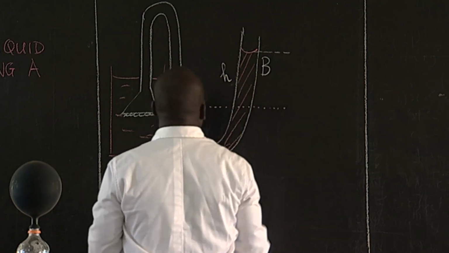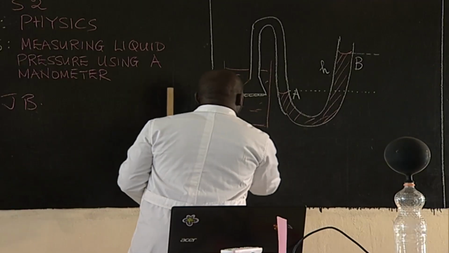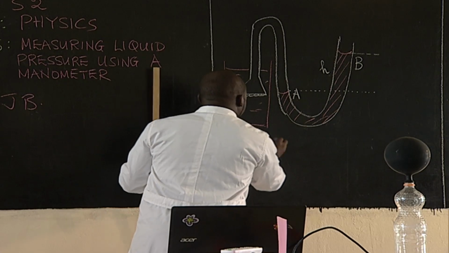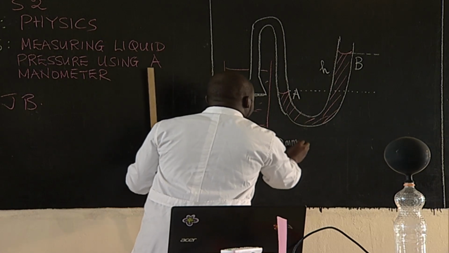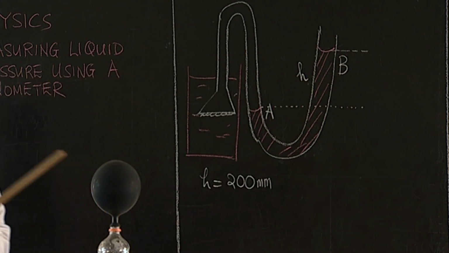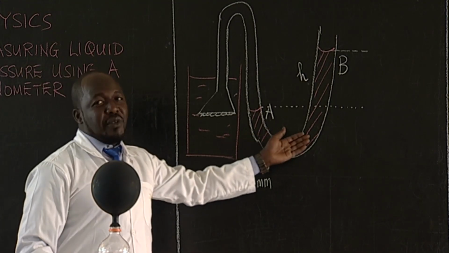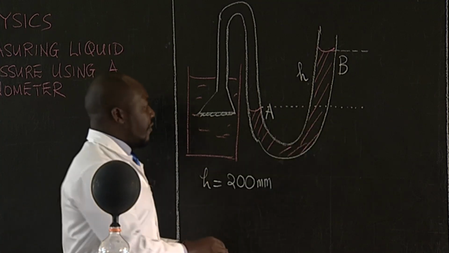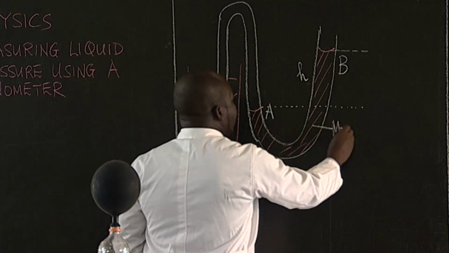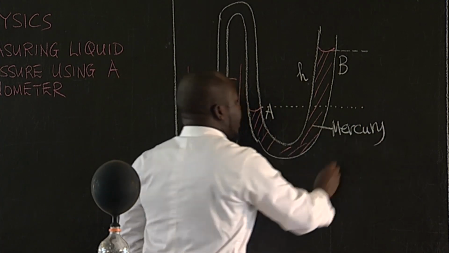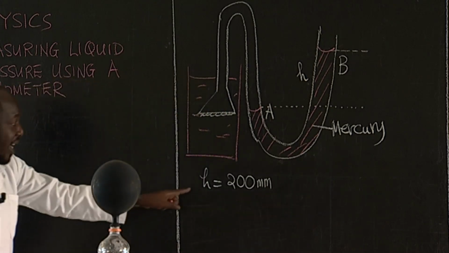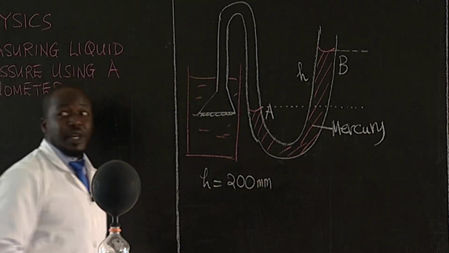So if we find that H is measured to be equal to 200 millimeters. Imagine H is 200 millimeters. Then the next question will be, what liquid are we using in this manometer? If your liquid happens to be mercury, then we shall say this H changes into a pressure.